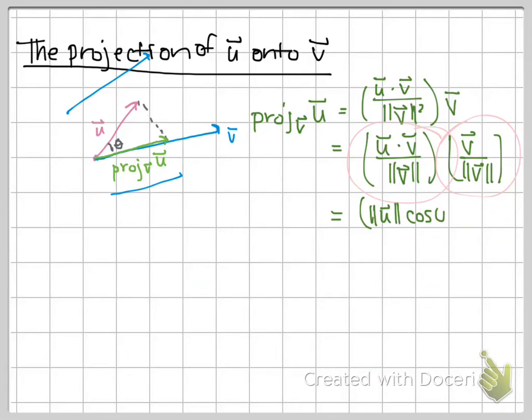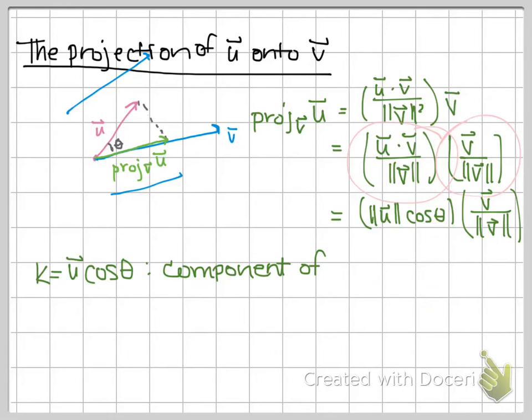And again, if you know the angle between the two, we can use the formula for the dot product to rewrite that. So this is called the component of u, and that should be the magnitude of u cosine of theta, the component of u in the direction of v.